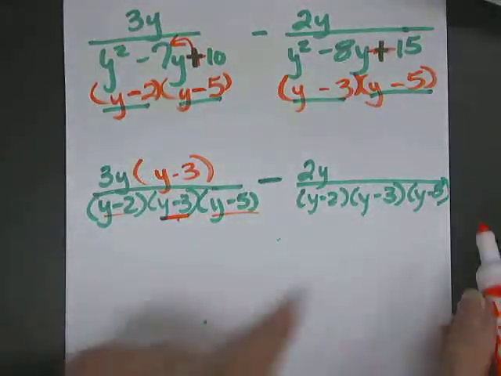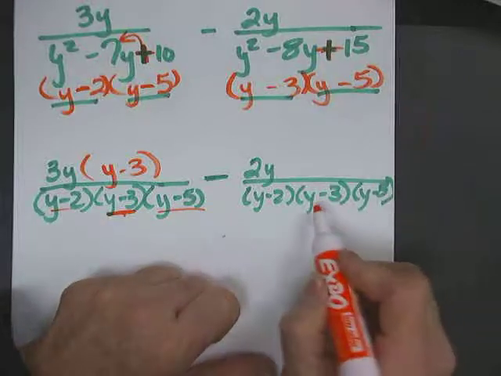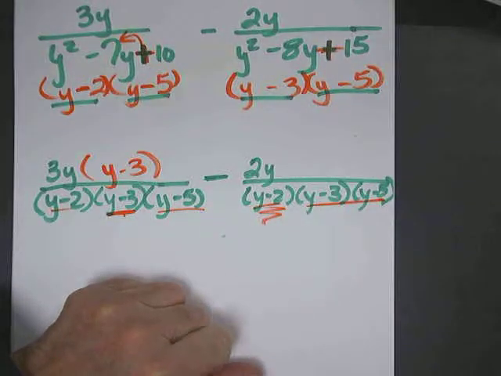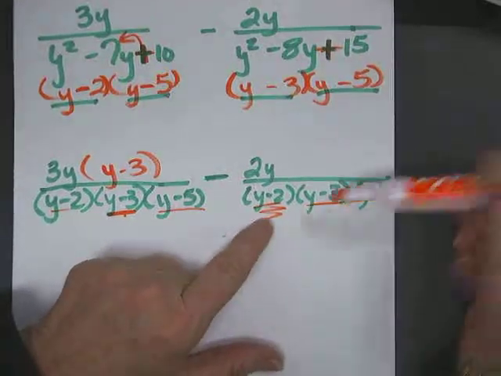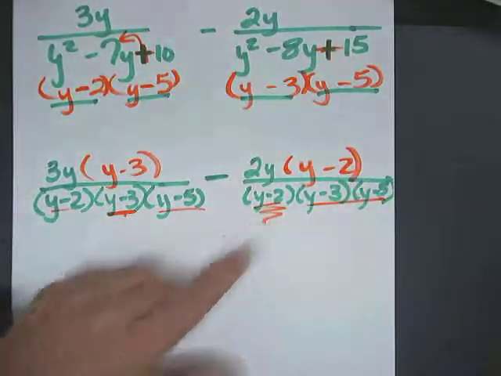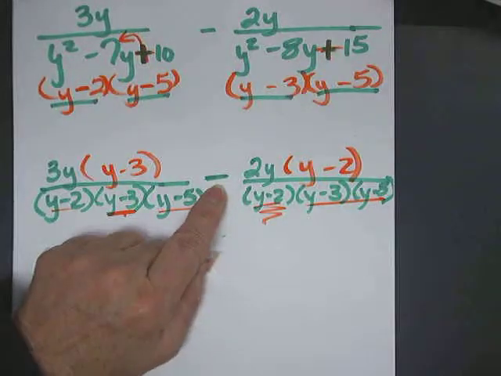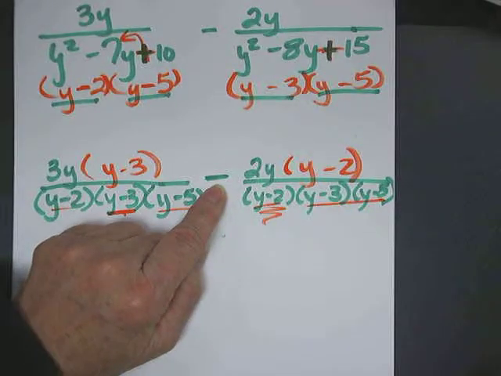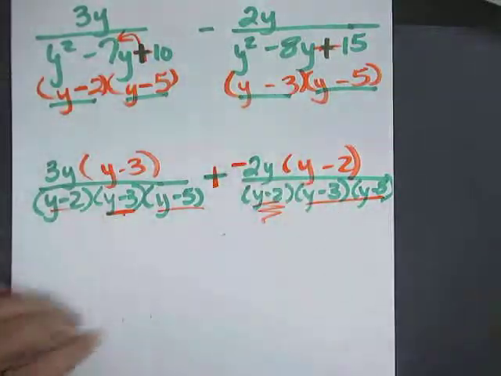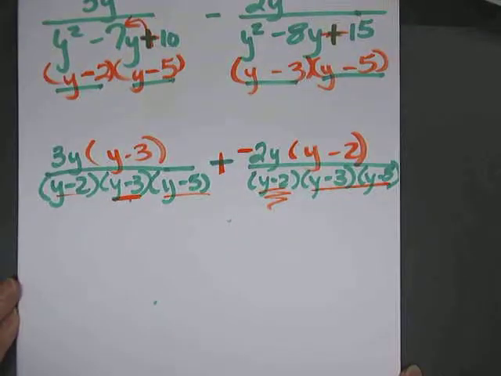Common denominator. Let's write what we started with here. What did we multiply these two by to get our common denominator? We got the 2 and the 5, so we must have multiplied it by y minus 3.